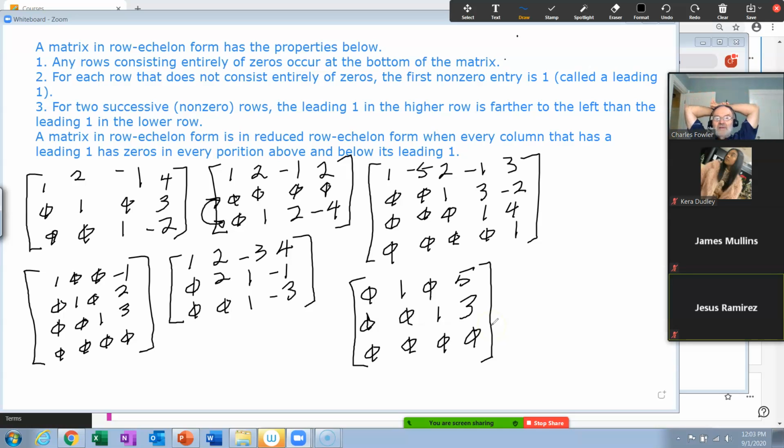What do you think? Is that in row echelon form? It is in row echelon form. Now, it's bizarre, I'll admit that, because that leading column, the first column, is all zeros.